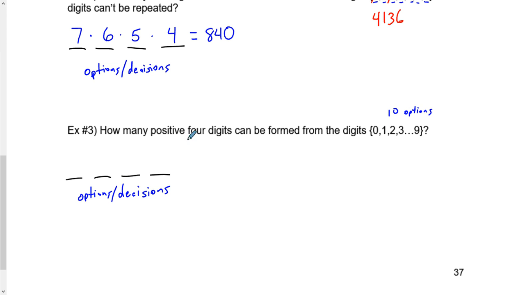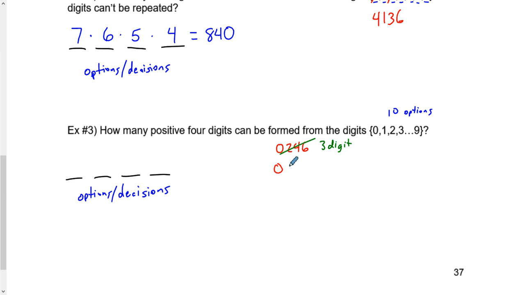But by the definition of a 4-digit number, we actually have to have a number in each of these places. The number 0, 2, 4, 6 is a 3-digit number.